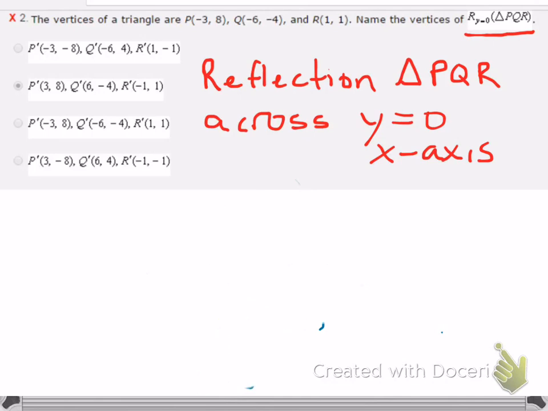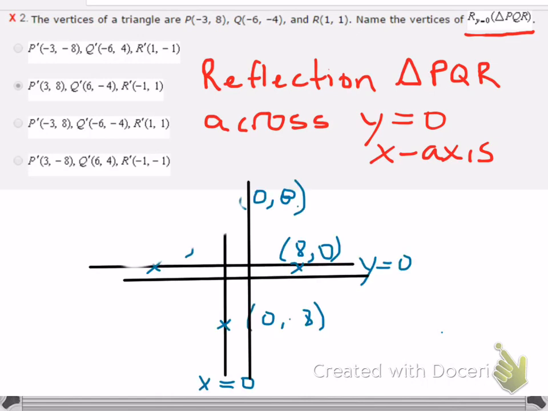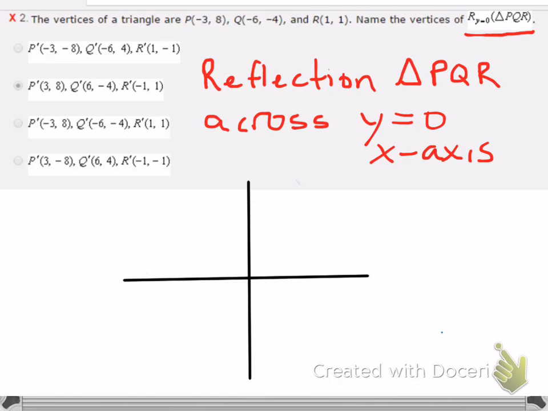Well, let's have a look at that. Let's draw our coordinate plane again. There's my y-axis and my x-axis. Let's just pick a point at random, right here. Let's call this the point, it looks like maybe (3, -3).